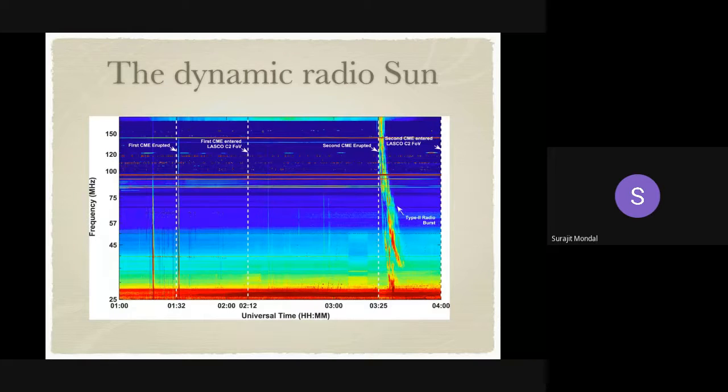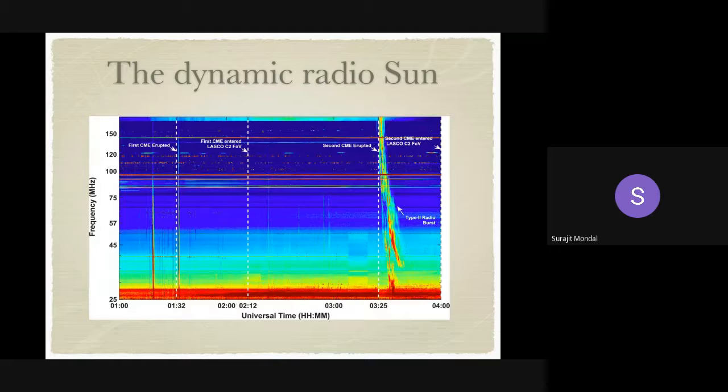Next is the dynamic radio sun. I told you earlier that the optical sun is definitely dynamic. Now, is the radio sun dynamic? Here, what is shown on the y-axis is the frequency of observation. The time is increasing along this direction. Please ignore these white dashed lines for now. Here, there is this bright structure. The more red the color is, the brighter the sun is at that point in this graph.